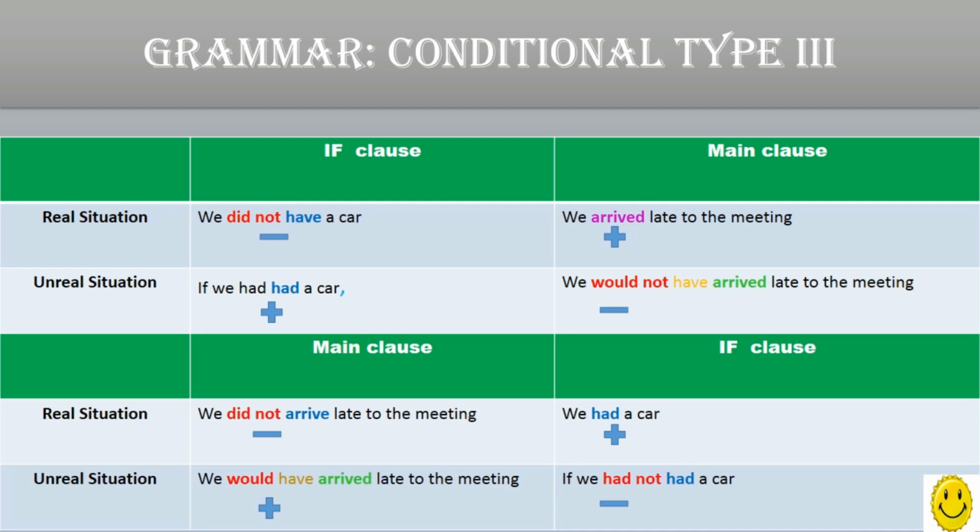The same thing in the main clause. If the verb is positive, we change it to negative: arrived, and then we have would not have arrived. The same thing in the second part: did not arrive, would have arrived. Negative changed to positive. And we had a car in the if clause changes to if we hadn't had a car, the negative form of the past perfect tense.